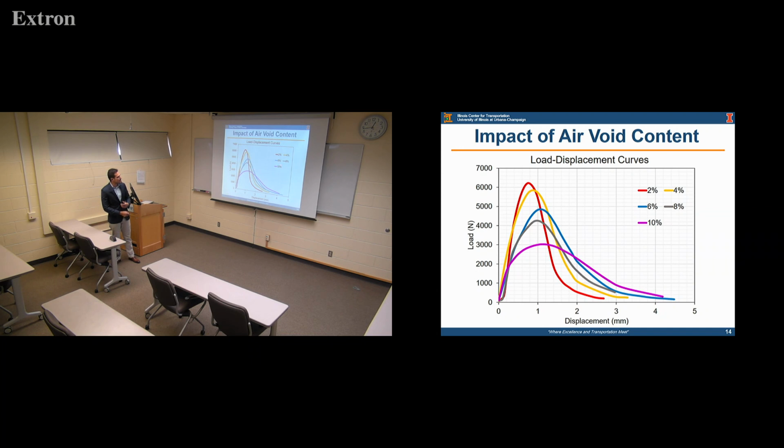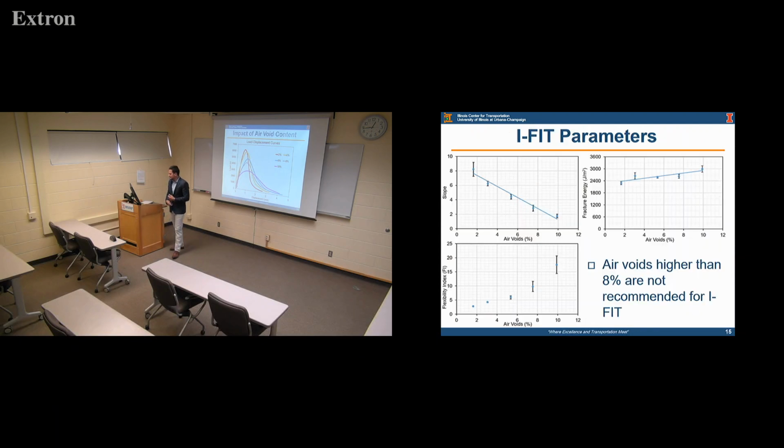The 10% curve has the lower peak load, so there is a decrease in the strength capacity of the material itself. The specimen is getting weaker, and at the same time, the specimen is getting more flexible. It's more compliant in the iFit results, while the 2% has a higher peak load and a stiffer and more brittle behavior.